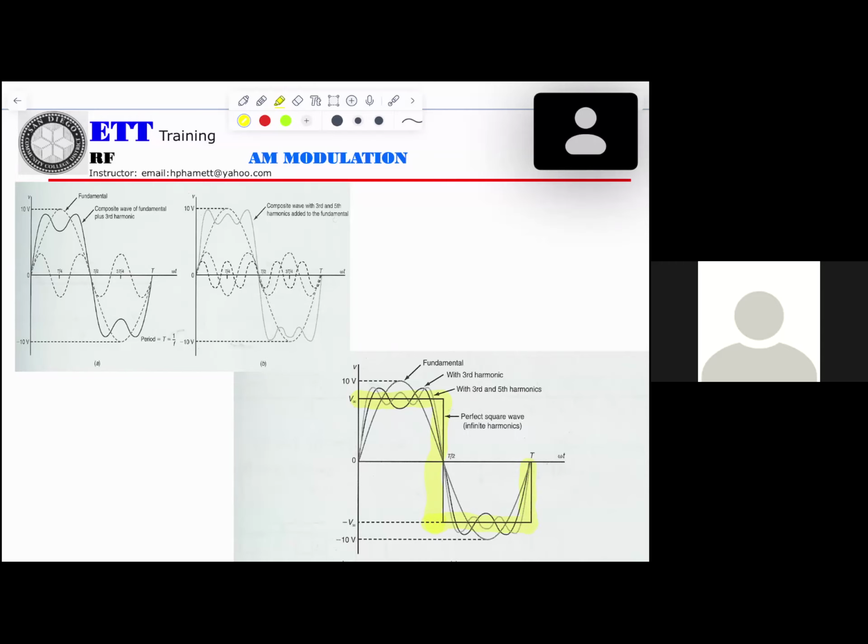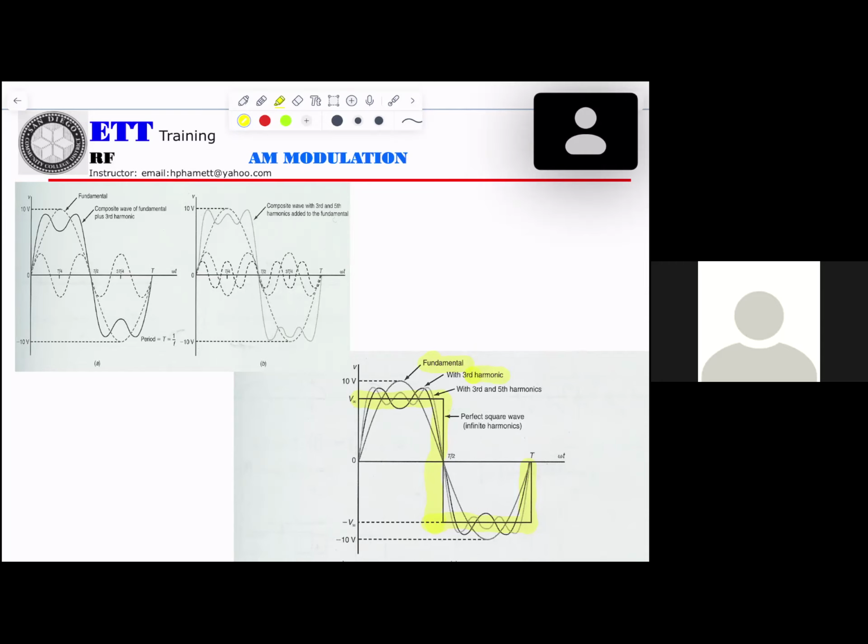And here they already tell you the fundamental sine wave is 1 kilohertz. And the next one is the third harmonic, and keep going. That makes up the square wave. So a square wave is basically made up of sine waves.